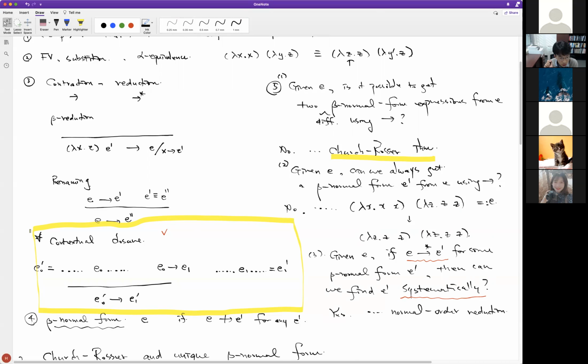You always have to pick the leftmost and outermost beta redex. So it really fixes how we should use this contextual closure rule. That's why it is deterministic. Although we are not asking you to do it, if you want, you can design a program that implements this normal order reduction.